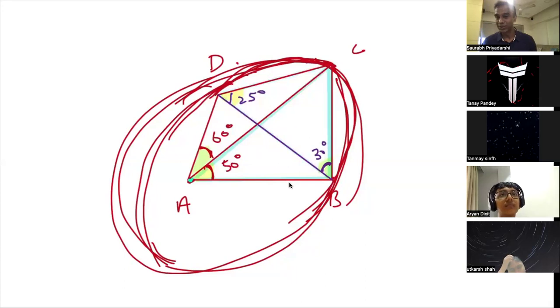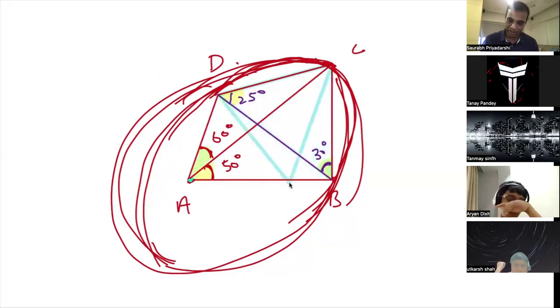What is the meaning of this? In a circumference, the angle is half of what we are making at the center. With the same thing, you can see this angle is 30 and this angle is 60.